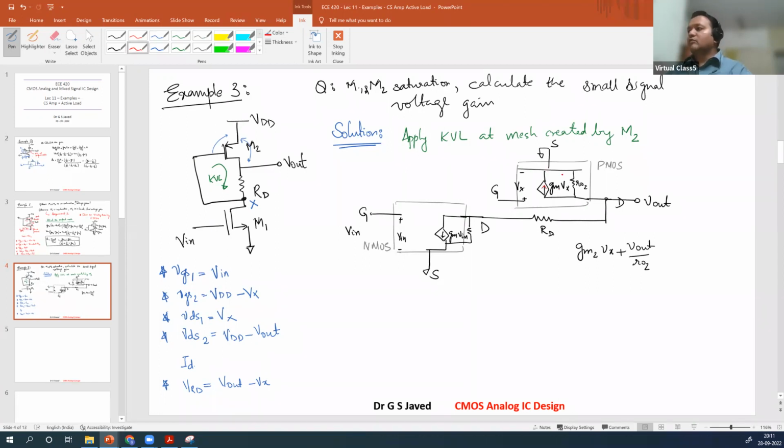This is the current flowing upwards. This is the current flowing outwards. There's a current flowing inwards. So this will be ID in this branch. So this is total ID. This is ID flowing in one branch here, ID flowing in another branch here.